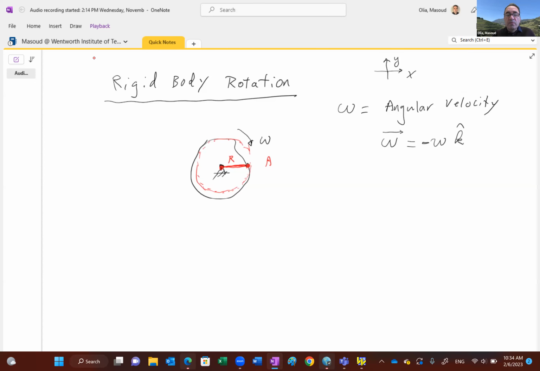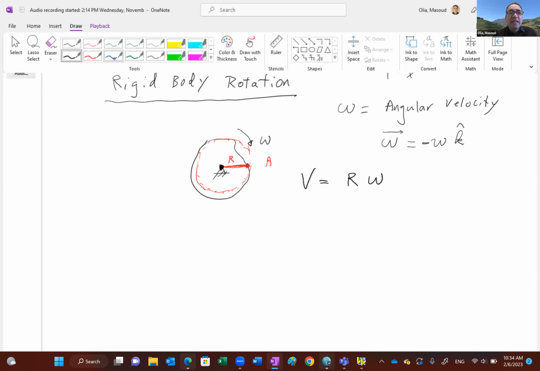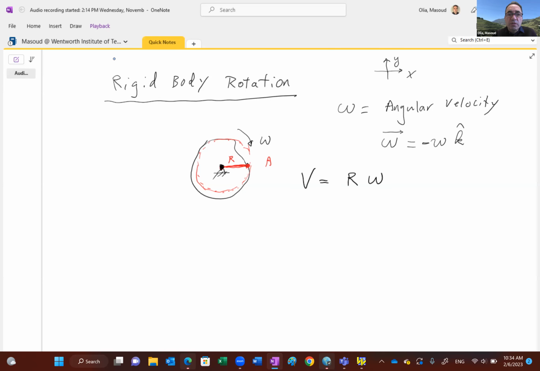So the velocity of this point is simply r times omega. So the magnitude of velocity is r times omega. And this velocity is always tangent to the path of motion. In this case, that means it's 90 degrees to the radius. So that would be the direction of the velocity.